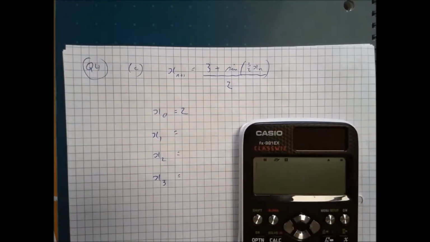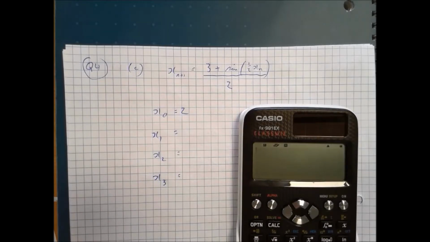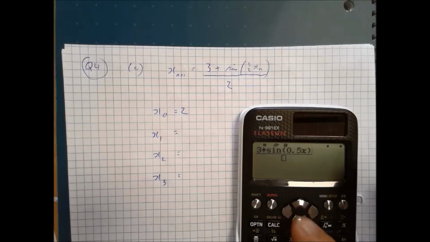So as we've done previously, first thing I'm going to do is define x and store x as 2. Then I'm going to write in the formula 3 plus sine half x all over 2.